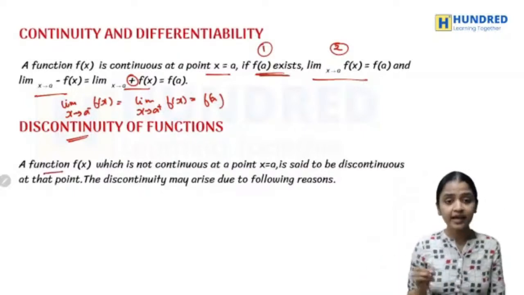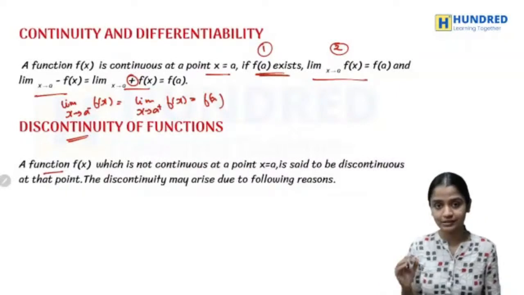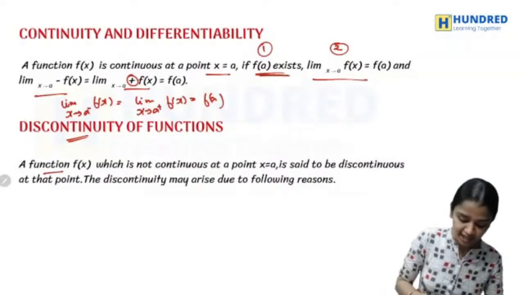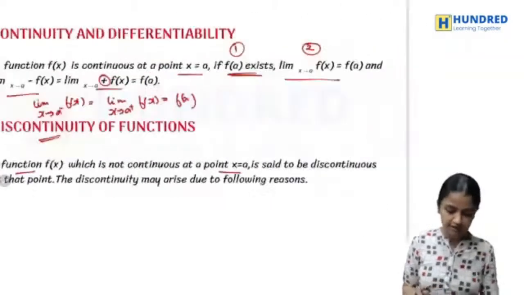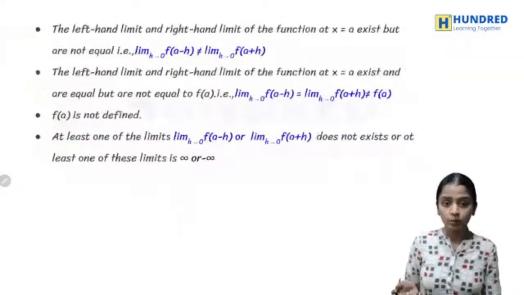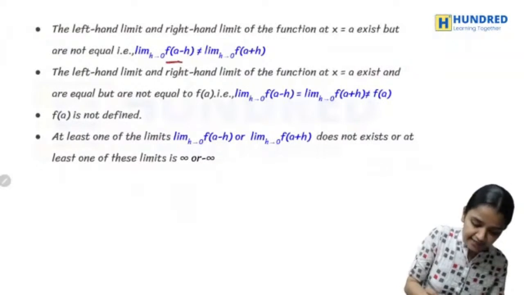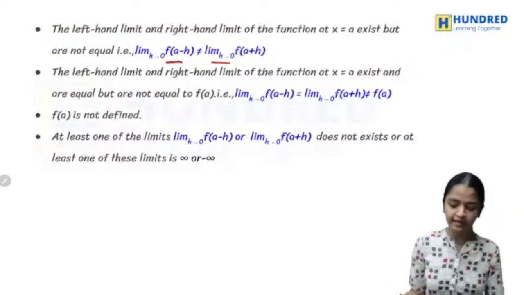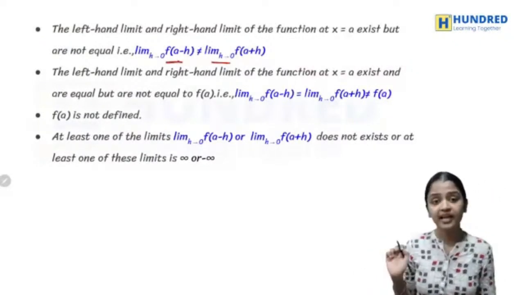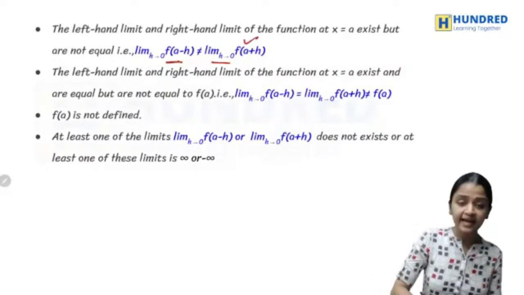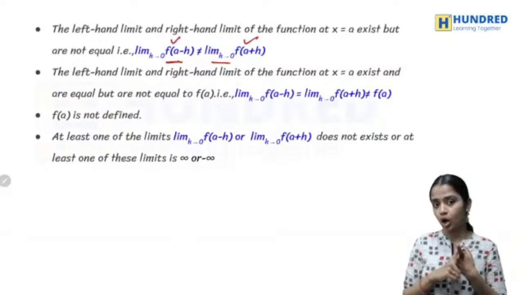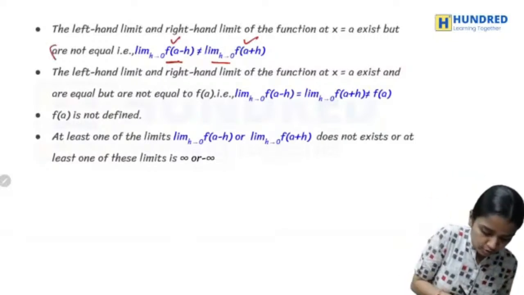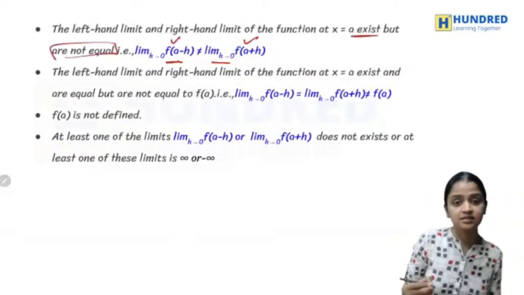Now, you say a function is not continuous, or discontinuous, at a point a when the following things happen, okay? When your right hand limit and left hand limit exist, but they are not equal. They're not equal, but they exist, okay?